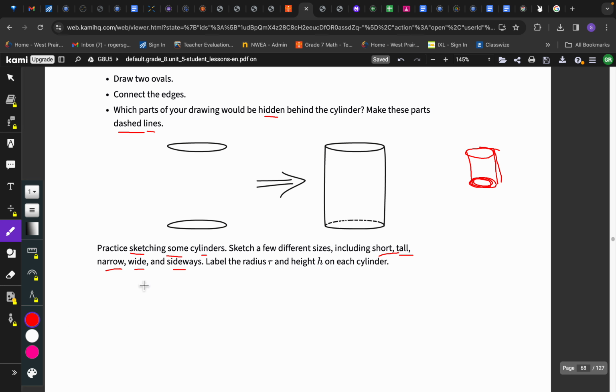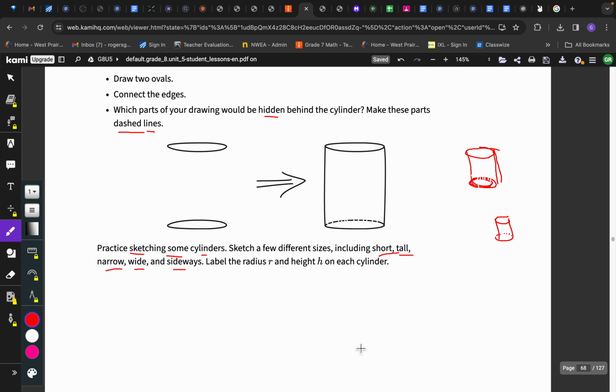And then it says to make the part that you can't see a dotted line. So technically, if I were to do this, I would draw a dotted line and then make it solid, give or take.